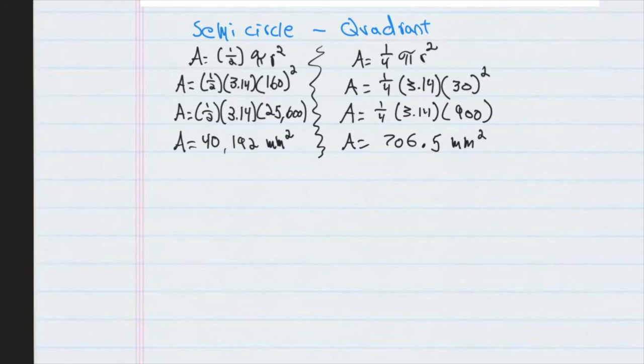So the final step that we have to do is we take 40,192 and we subtract 706.5. And that comes to 39,485.5 millimeters squared. Okay, so that's the area of the green part.